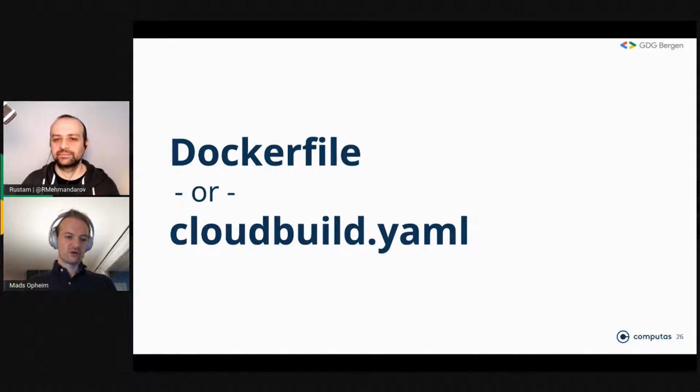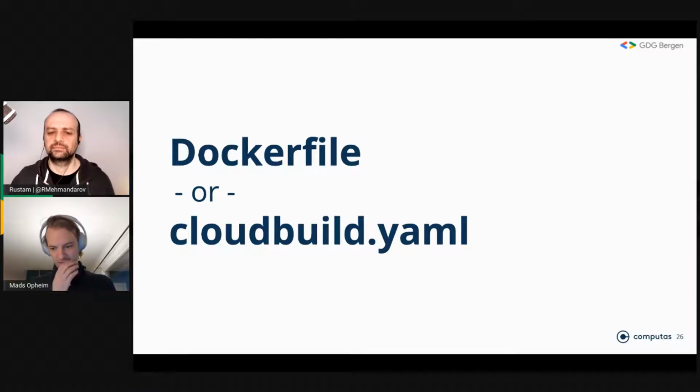Or you could write your own Cloud Build YAML file, which, at least in our experience, is more powerful. It's a new syntax, and you have to learn some GCP specific things. But you can try a Docker file first, and if that doesn't work out, then I'd recommend you look at Cloud Build YAML instead, which is kind of like a Jenkinsfile, for those of you who know how to write those.